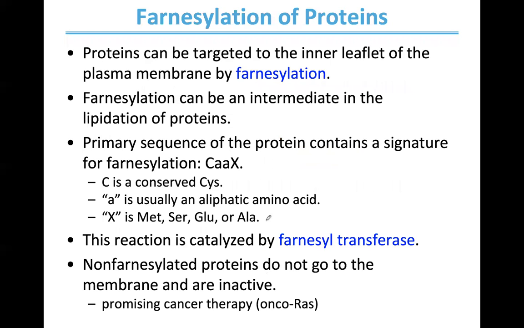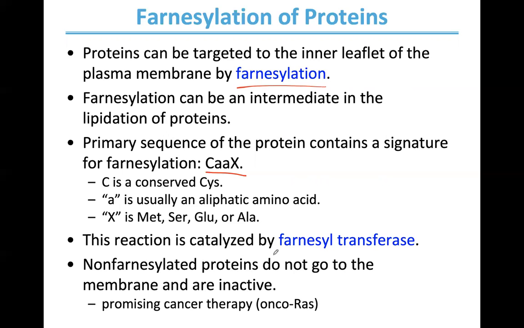All right, farnesylation. So we talked about that. For farnesylation, it's important that the protein that is attached to the farnesyl hydrocarbon tail has this kind of sequence, right? So C has to be cysteine, then two A's can be some kind of aliphatic amino acids, two of them, and X is usually one of these four.